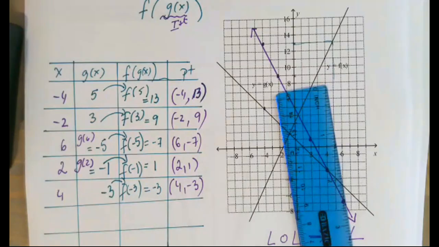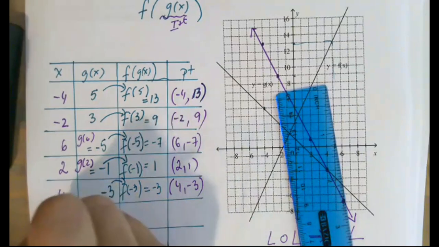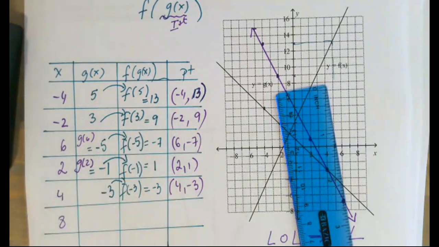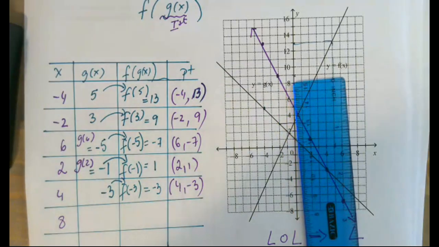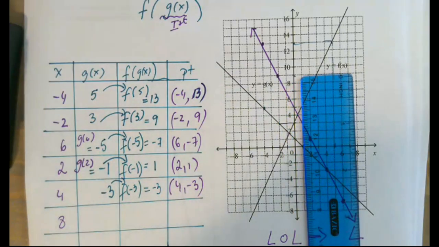8. Okay, let's do 8. So the first would be g of 8, which is -7.